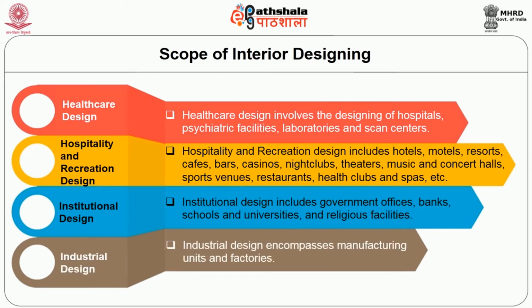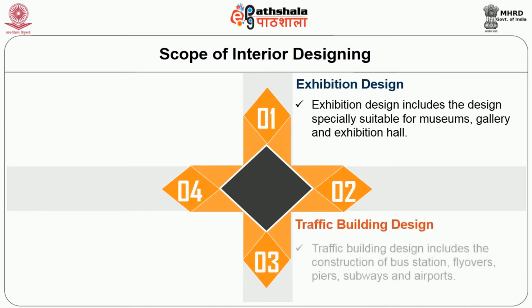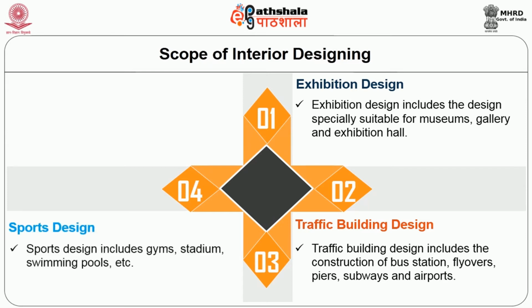Industrial design encompasses manufacturing units and factories. Exhibition design includes designs specially suitable for museums, galleries and exhibition halls. Traffic building design includes the construction of bus stations, flyovers, piers, subways and airports. Sports design includes gyms, stadiums, swimming pools, etc.